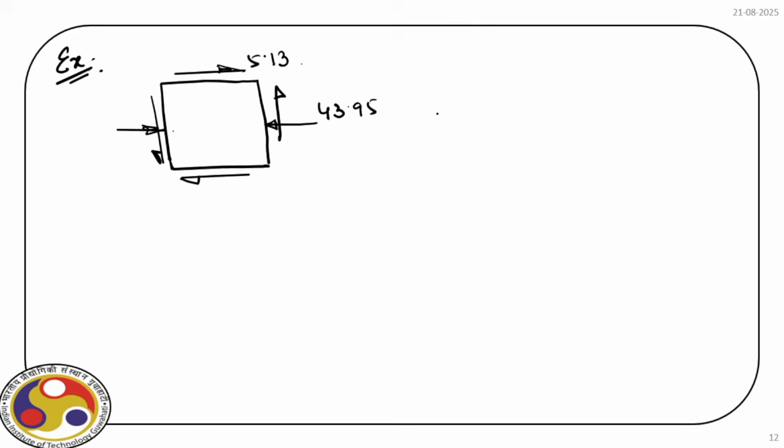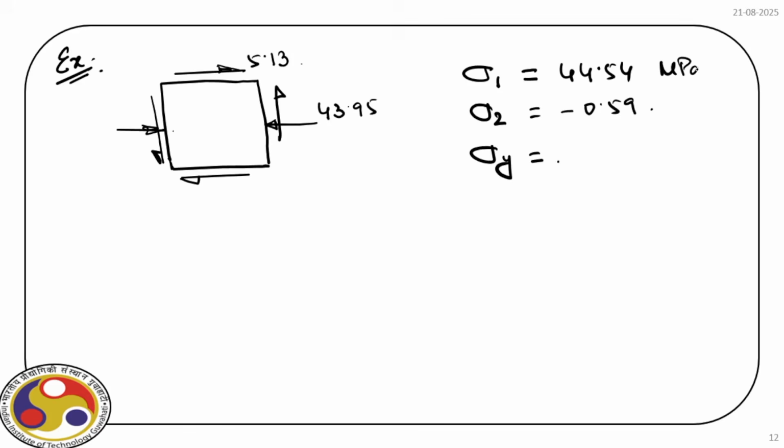So for this state of stress, if we find out sigma 1, it will be 44.54, and then sigma 2 is minus 0.59. And let us consider the material to be aluminium. So these are MPa, and sigma y is 95 MPa.